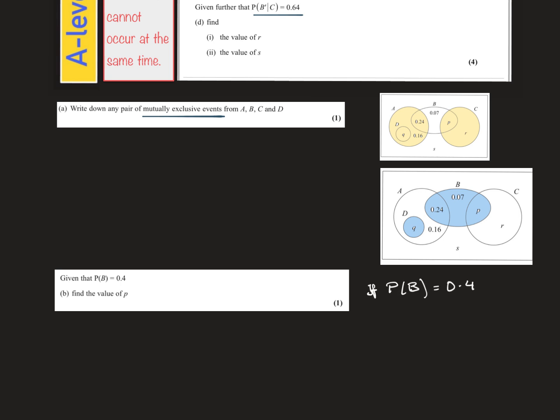So if the probability of events in B is 0.4, then we can write 0.24 plus 0.07 plus our P should equal 0.4. So we just have an algebraic situation where we have to work out the value of P, and the value of P will be 0.09.